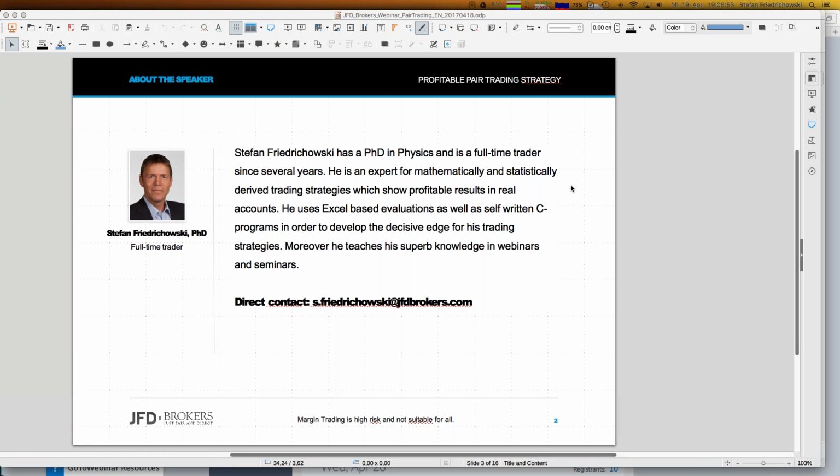And that is done by self-written C programs, because they are faster than Excel by a factor of about 100,000, or even 1,000 times faster than any backtest in MT4. So that's the reason why I do all those in-depth investigations with those C programs. And everything I do only in order to prove my approach.